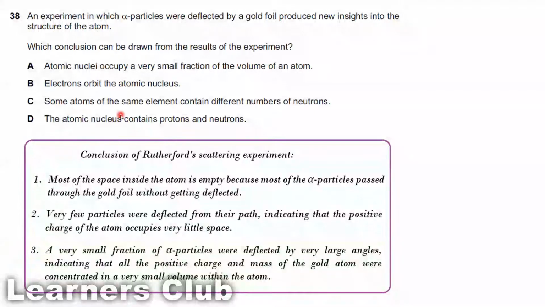Some atoms of the same element contain different numbers of neutrons. They are talking about isotopes, which is not mentioned in this experiment. The atomic nucleus contains protons and neutrons. They are not saying anything about neutrons. Therefore, the answer is A.